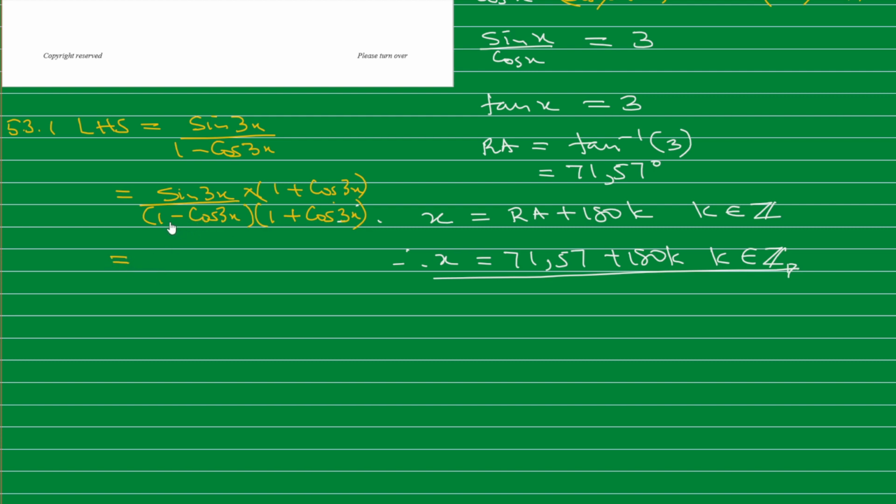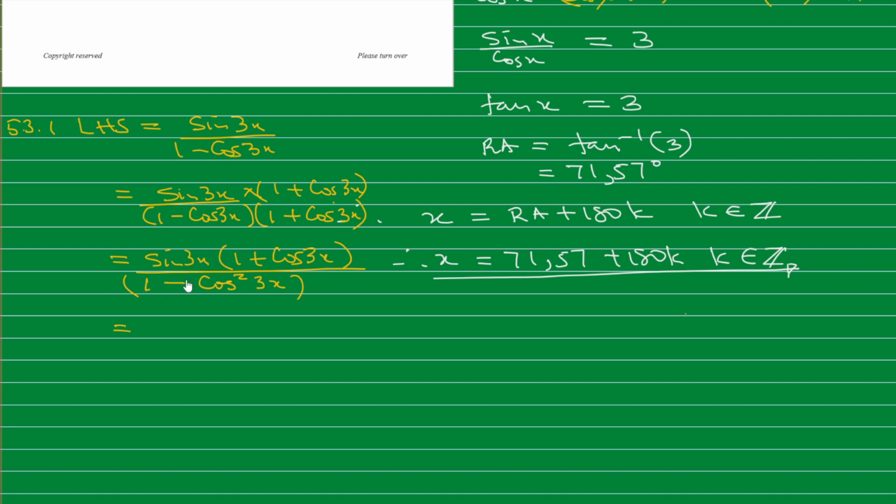So now what we have to do is to multiply the top part and also the bottom part. The top part is sine 3x into 1 plus cos 3x. Let's leave it like that. And at the bottom, it's 1 minus cos 3x times 1 plus cos 3x. So this is going to give us 1 minus cos squared 3x.